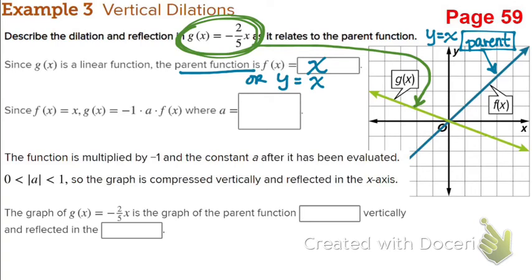All right, so they tell me that g of x, which I have the equation for up at the top, is -1 times my fraction. What was the fraction part? Yep, I already have that negative. I want the 2/5 times my parent. So I have -1 times 2/5 times x. I want to try to identify these different values now.